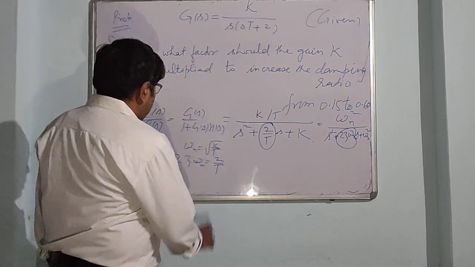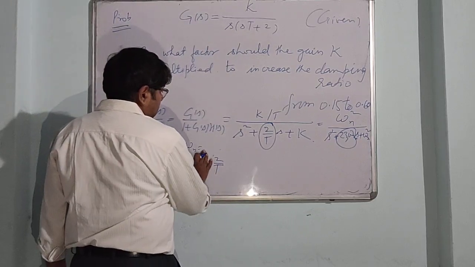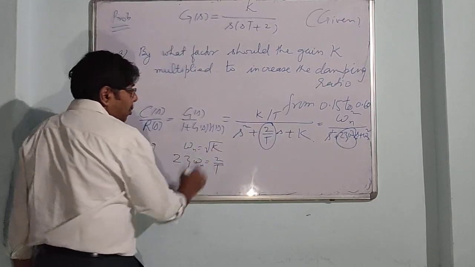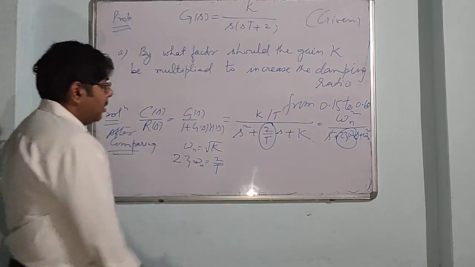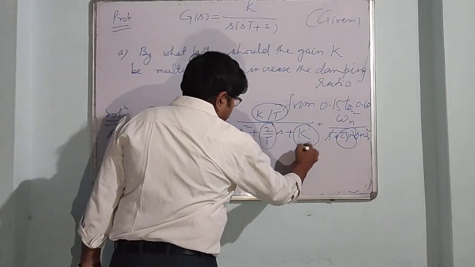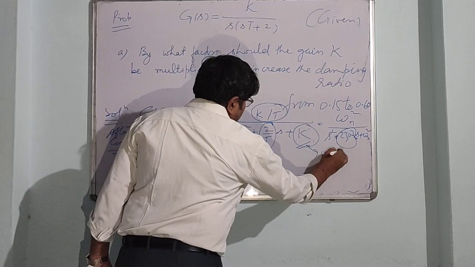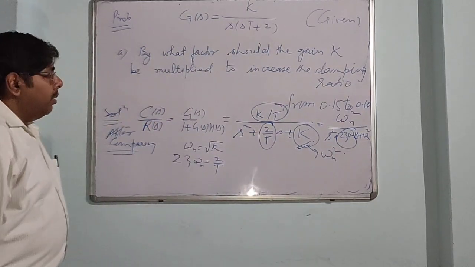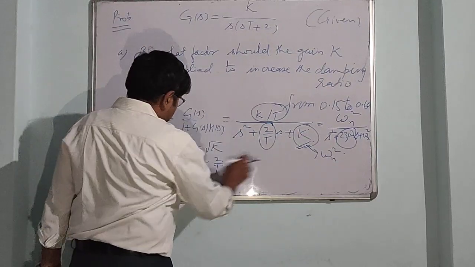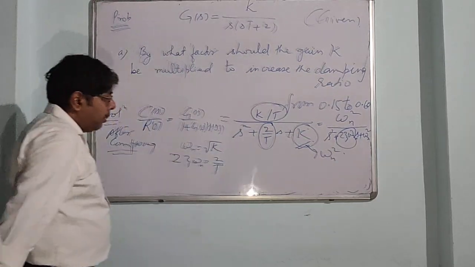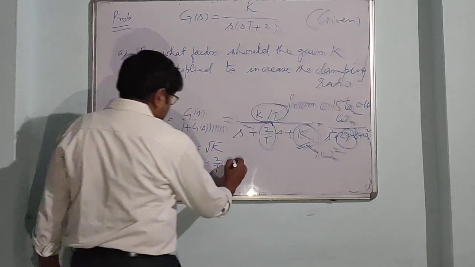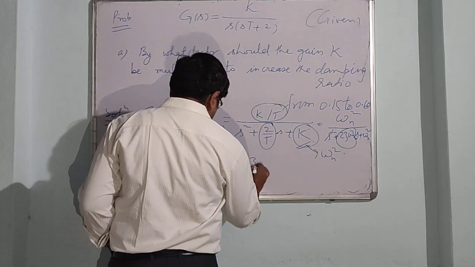Sorry, here omega n square is this, so you can write omega n is under root K by T. Because if these two values are different, then we will take this as omega n square. So omega n equals under root K by T, and twice zeta omega n equals 2 upon T. From here you can calculate zeta.